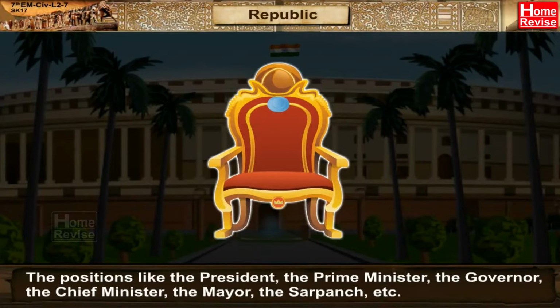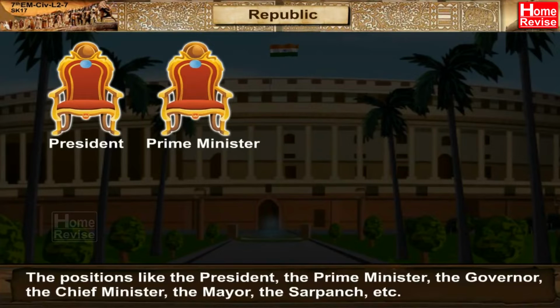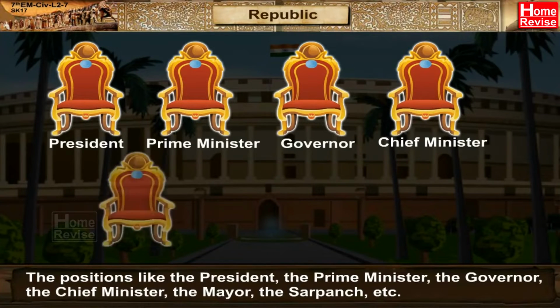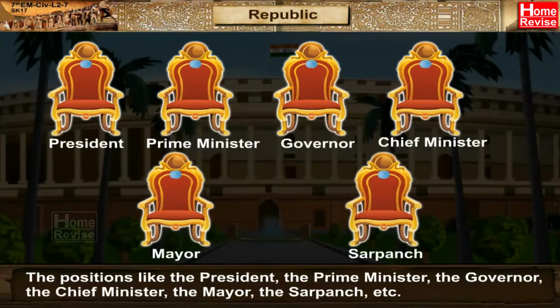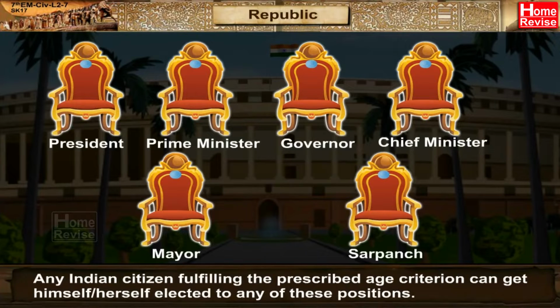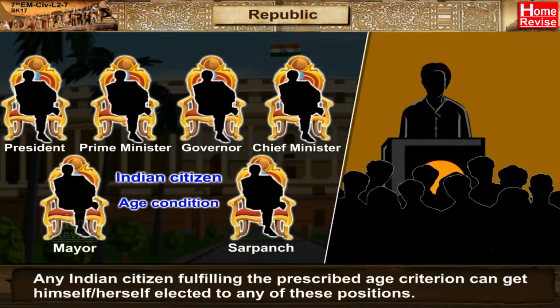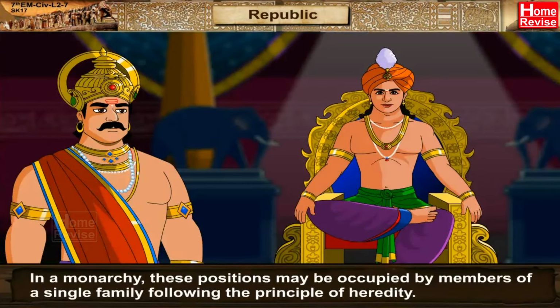Positions like the President, the Prime Minister, the Governor, the Chief Minister, the Mayor, the Sarpanch, etc. are public positions. Any Indian citizen fulfilling the prescribed age criterion can get himself or herself elected to any of these positions. In a monarchy, these positions may be occupied by members of a single family following the principle of heredity.